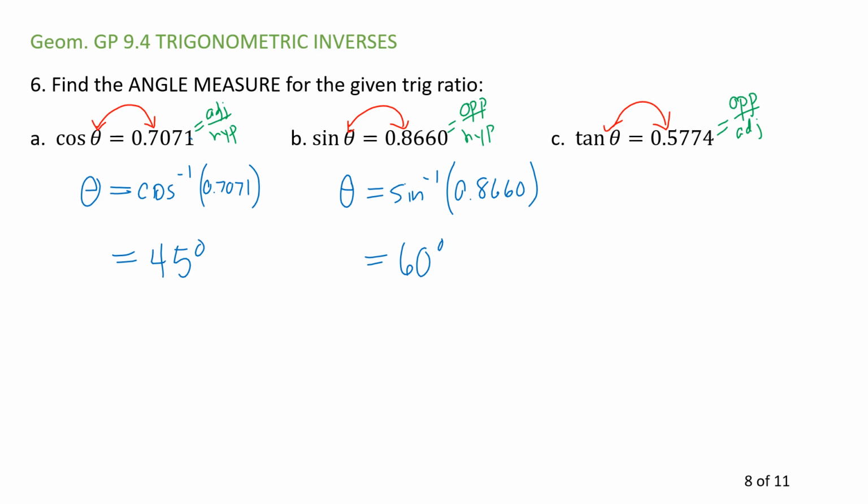And one more. The inverse tangent of opposite over adjacent, but somebody already put that in the calculator and found out that opposite over adjacent is really 5774. So inverse tangent of that ratio is 30 degrees. And that's that.